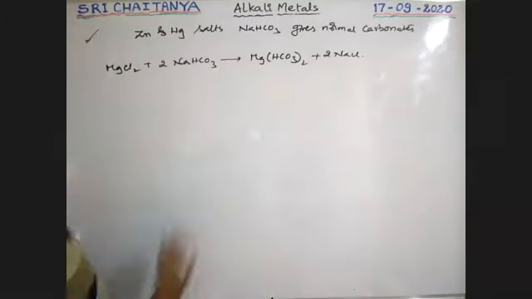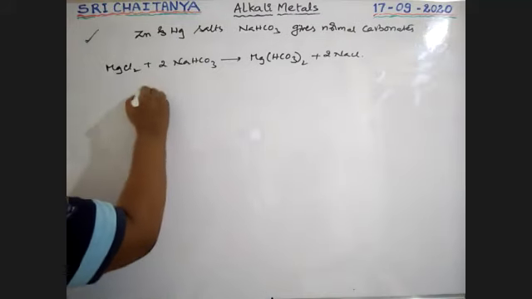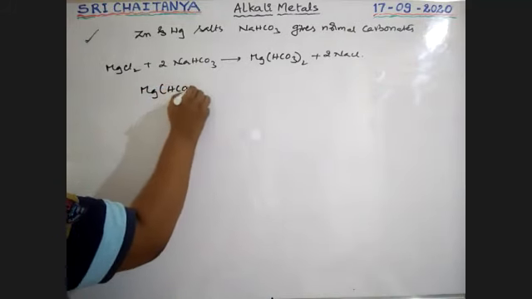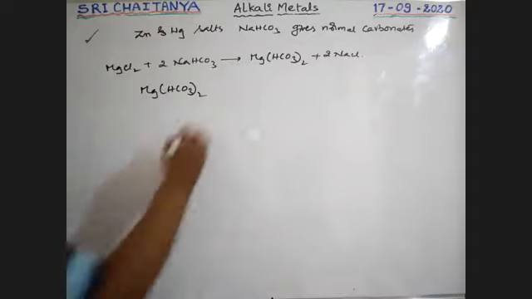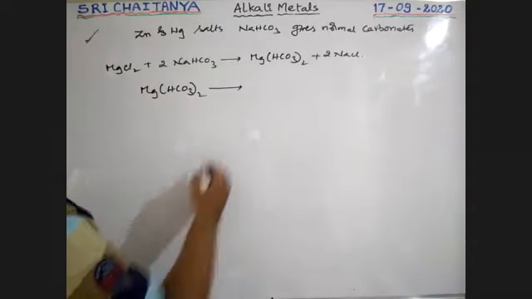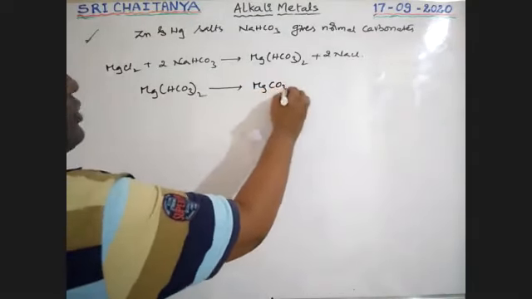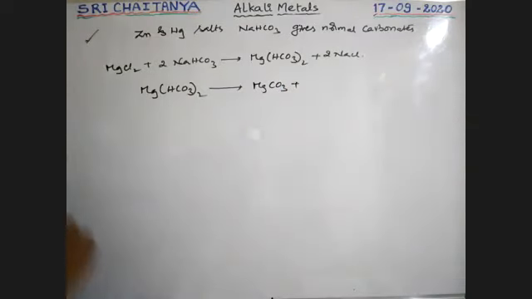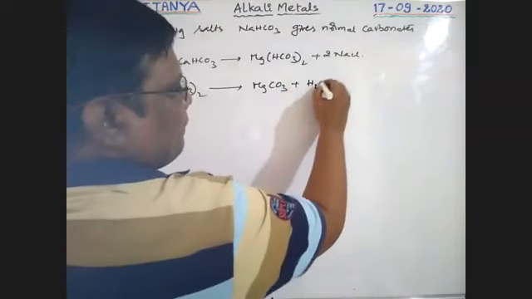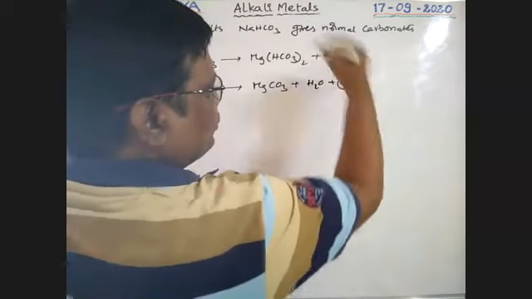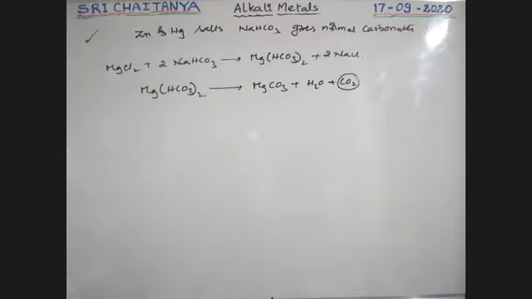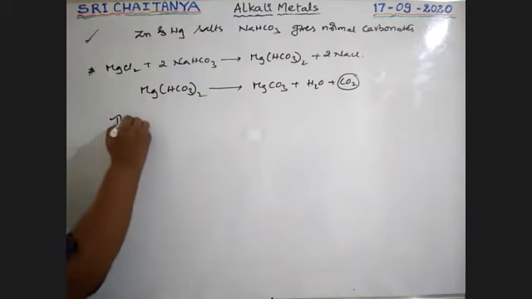But this formed magnesium bicarbonate is itself unstable, boys, so it converts into magnesium carbonate plus H2O and CO2. CO2, that is a fire extinguisher. Similarly, zinc salts also react.